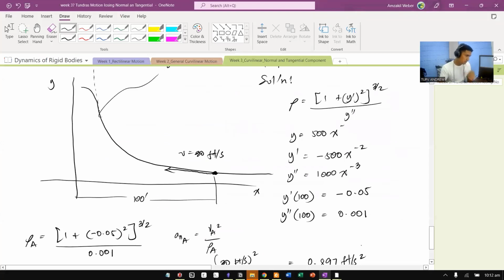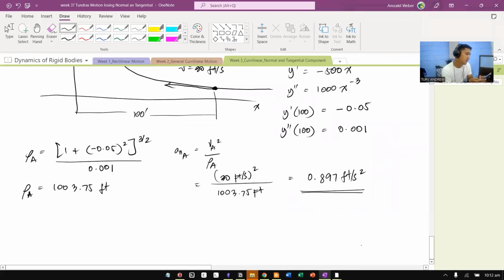If there is no problem, then 30 squared divided by that is 0.897 feet per second squared. So that's the normal acceleration. It is small because the radius is large, so it is not very curved. Do we have tangential? No. Therefore, this is also the resultant.